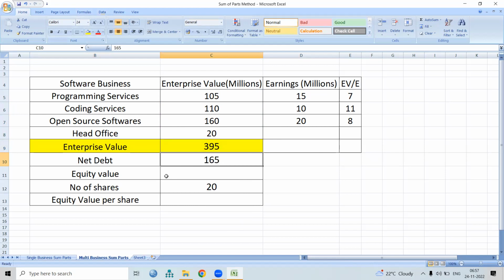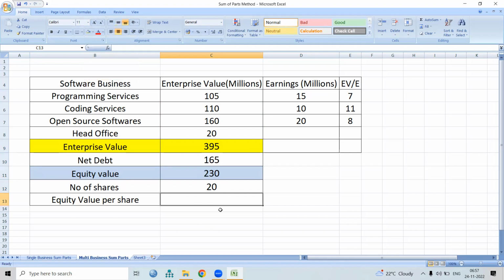And then we have net debt value. Let's find out the equity value. How do you fix up the equity value? We'll use this equation. Equity value is equal to the enterprise value minus debt value: C9 minus C10. So the equity value is 230. Now we have equity value and also the number of shares outstanding, which is 20 million.